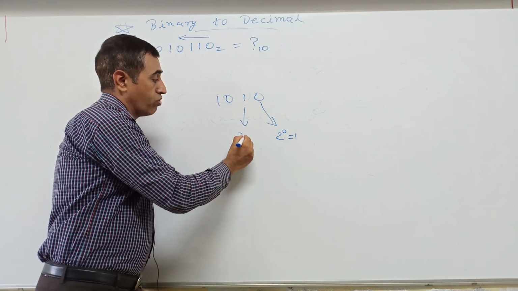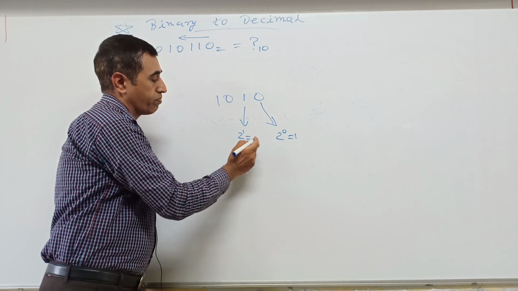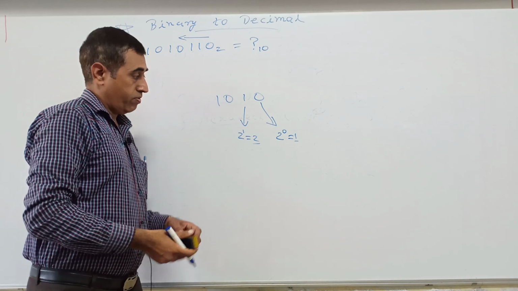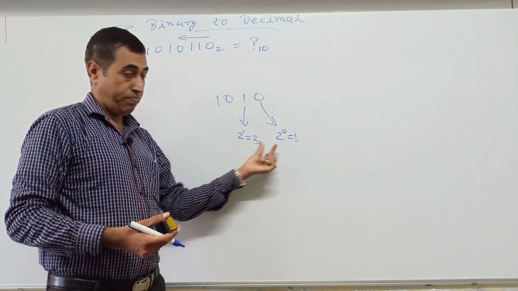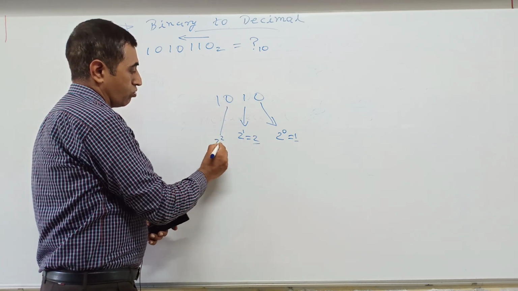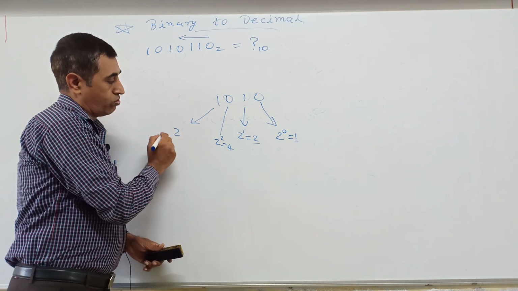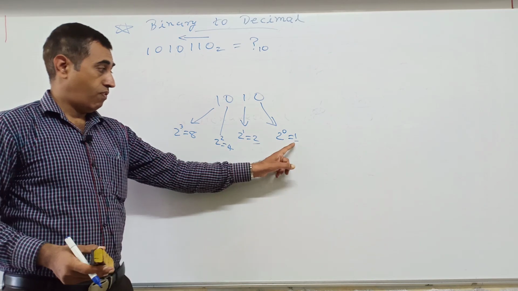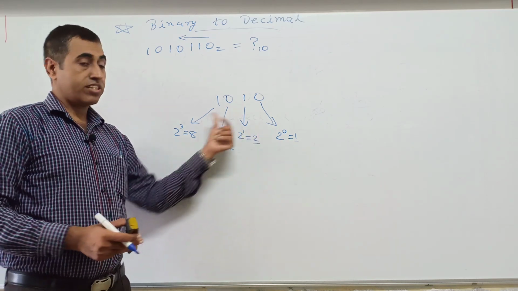This is 2 raised to 1's position, it means 2. So the value of digit becomes double. Same way, this is 2 raised to 2's position, it means 4, and this is 2 raised to 3's position, it means 8. 1, 2, 4, 8, it gets double.